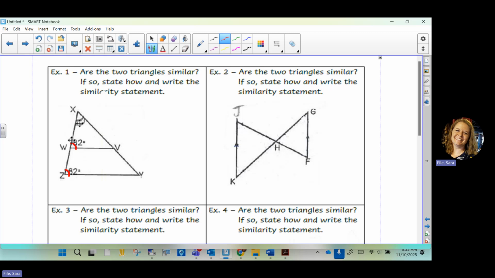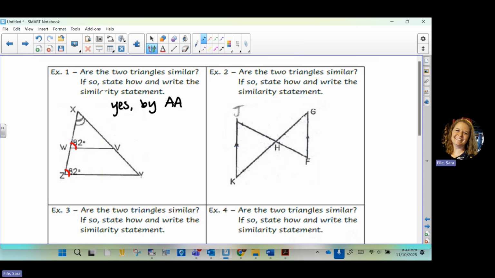So how many corresponding angles do we know are congruent in these two triangles? Two. So that rule would be what? Side, side, side? I don't know any side length here. What do I know? Angle, angle. I know two sets of angles that are congruent. So yes, they're similar by angle, angle.